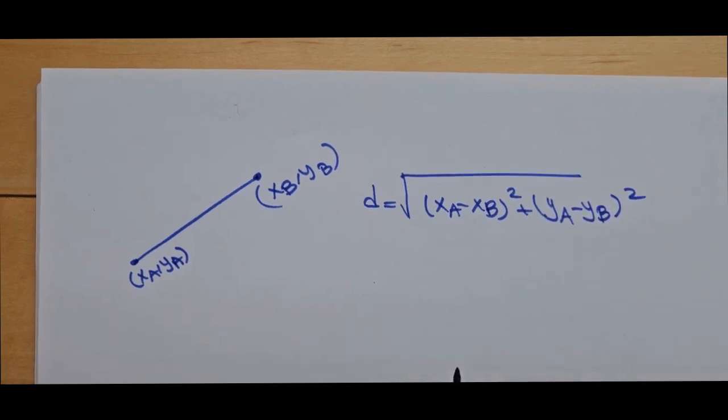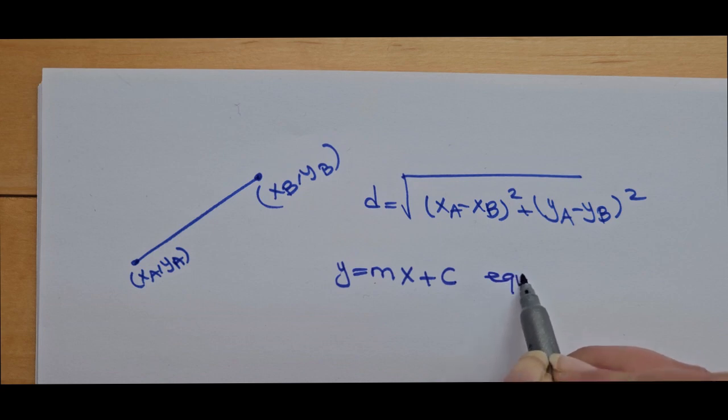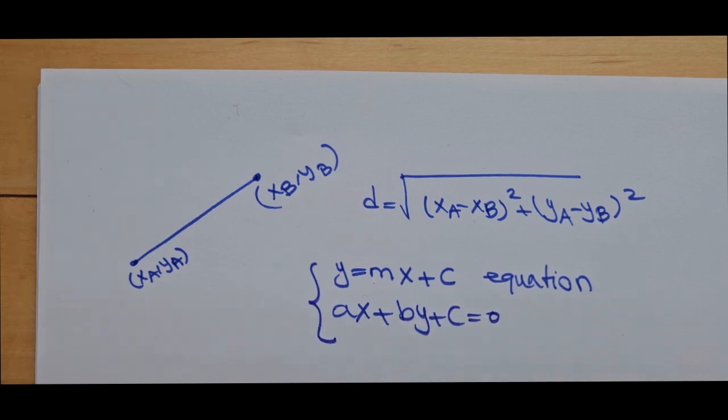So remember guys, for a line, we had this format, mx plus c. This is the equation of a line, okay? So we had two different formats, or ax plus by plus c equals 0. We had these two formats.